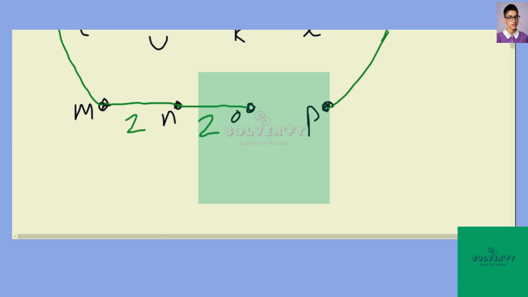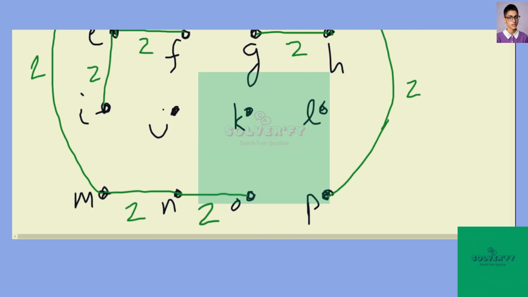And let's add LP. If we add the edge LP, we don't obtain a circuit, so this is a valid move. So now I've added all the edges with a weight of 2, as long as they don't cause a circuit.